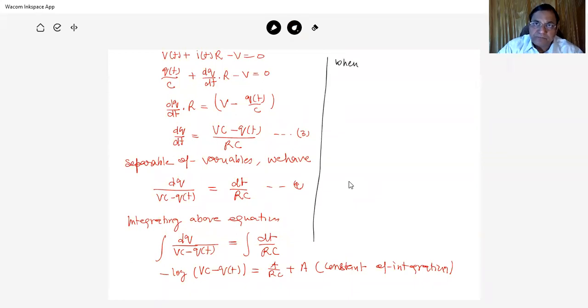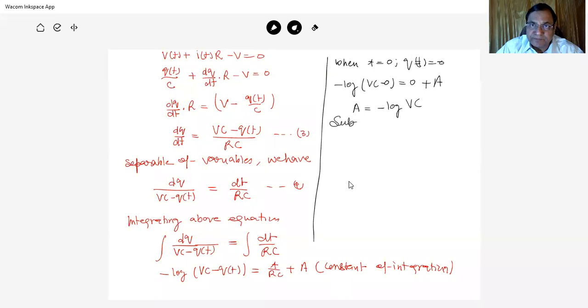When t is equal to 0, q(t) is equal to 0. So from the equation, minus log Vc minus 0 is equal to 0 plus A. So A is equal to minus log Vc.